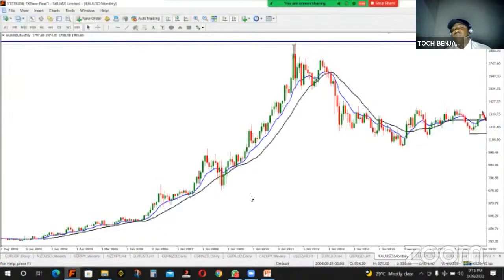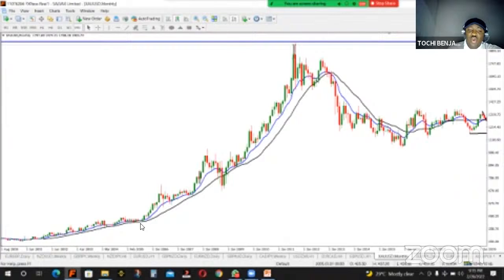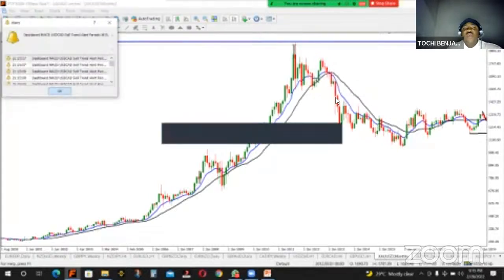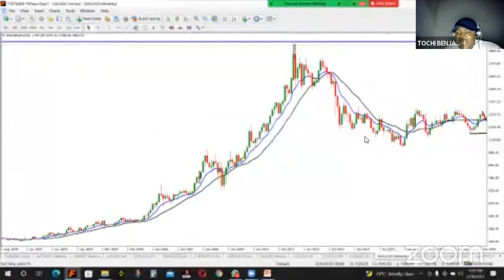That's the question many people keep asking. Now the answer: you will buy when the smaller period moving average crosses the bigger period moving average. If it is crossing it from above, it gives you a signal for a sell. If it is crossing it from below, it gives you a signal for a buy.